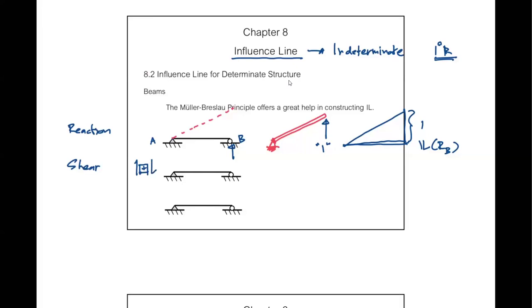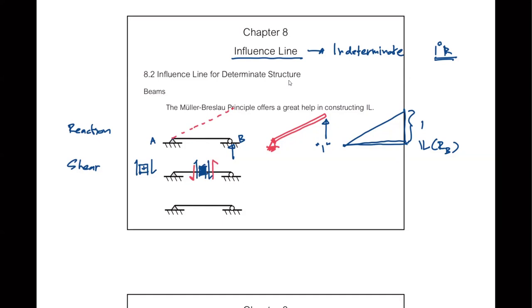So if I do this and I allow shear anywhere to go freely, you can look at this small piece here, and you see that you allow this going up on the left to go freely and going down on the right to go freely. That means your free body diagram would be so that the shear on the left portion of this beam will have to go down to complete our equilibrium, correct? And on the right, the shear will have to go up to complete our equilibrium.